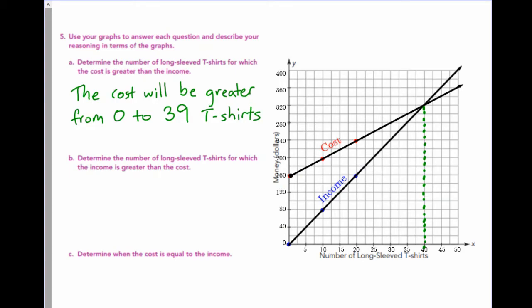And the reason that I'm not going to say 40 is because at 40 it looks like they're the exact same. So I don't want to include 40. So the cost will be greater from 0 to 39 t-shirts.